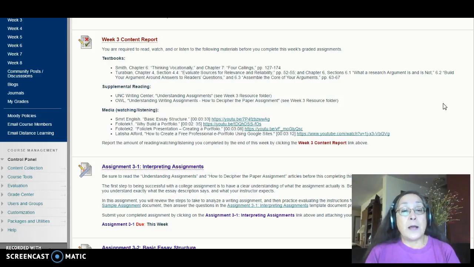Then there's why you need to build an e-portfolio and how you create one. What kind of information would you look at? And then finally we're looking at how to create a free professional e-portfolio using Google Sites. There are other pieces of free software that you can use to create an e-portfolio, and we're going to give you a list of them later with one of your assignments.